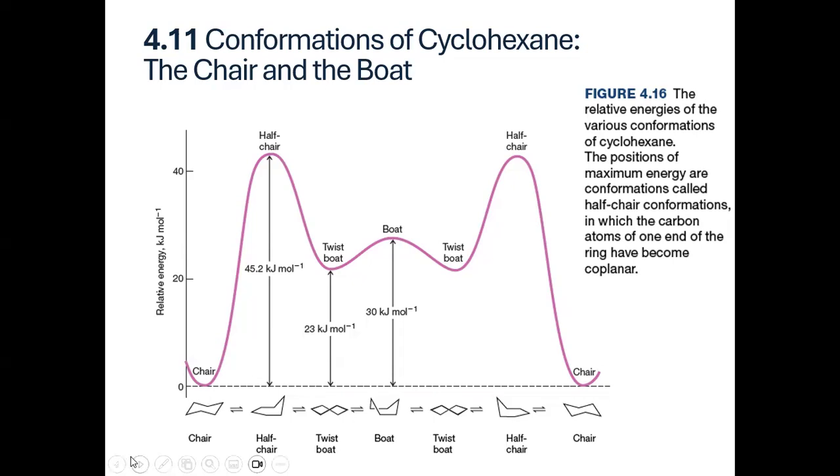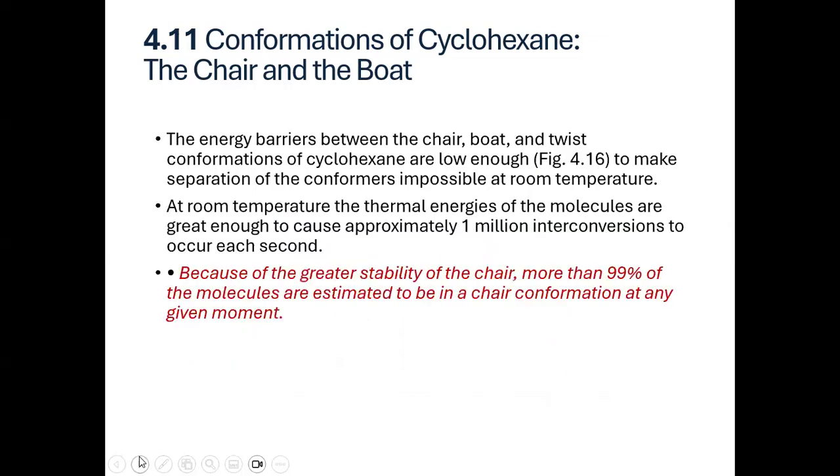The chair conformation is the most stable, as reflected in its relative potential energy compared to the other conformations. In the chair conformation, the angle strain and the torsional strain are minimized, actually almost none.